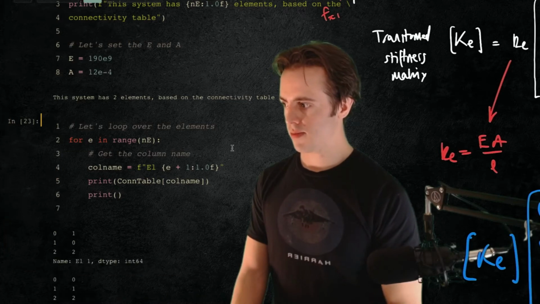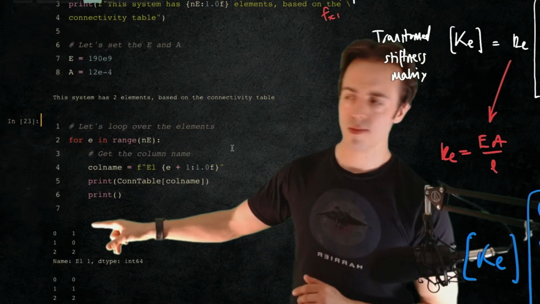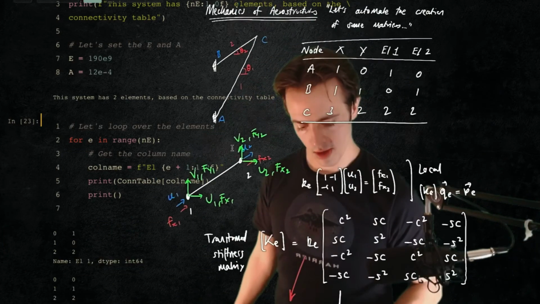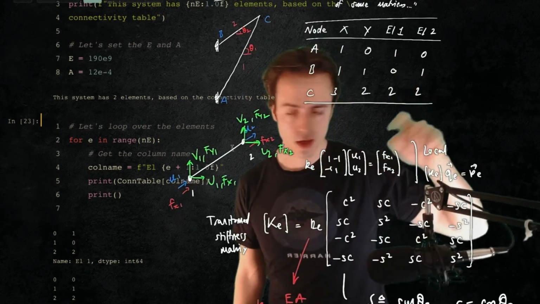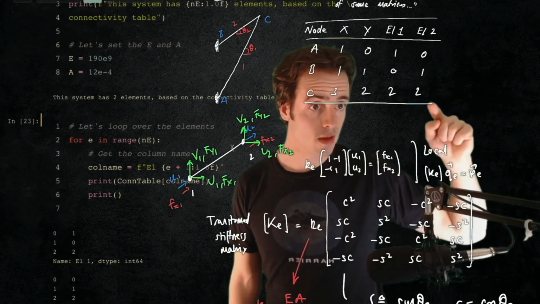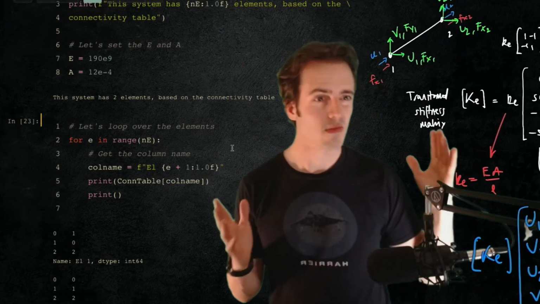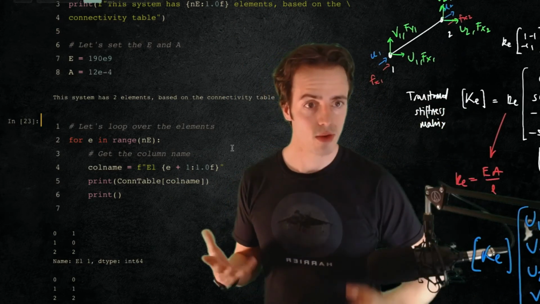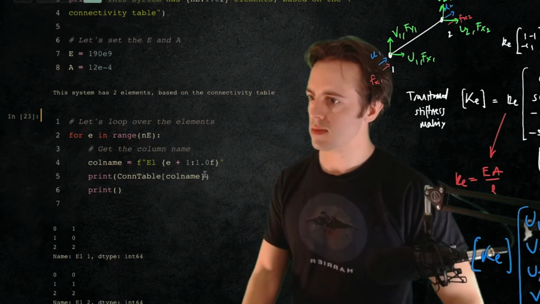So print this out. There we go. So first time through, it's pulled out 102, which is correctly that first column. Second time through, it's pulled out 012, which is the second column. So that's what we wanted. It's actually the fourth and fifth, but it corresponds to those two nodes, which are the ones that I wanted.